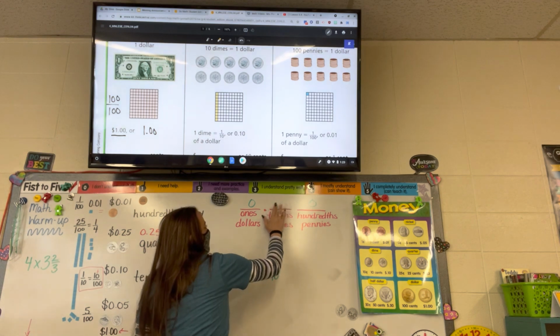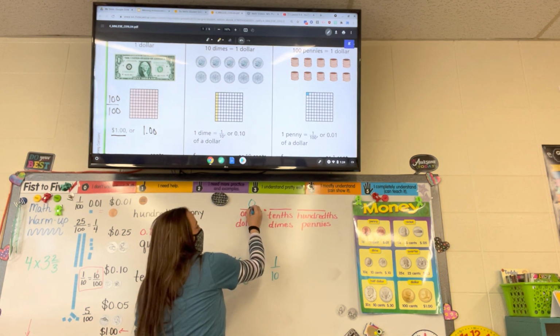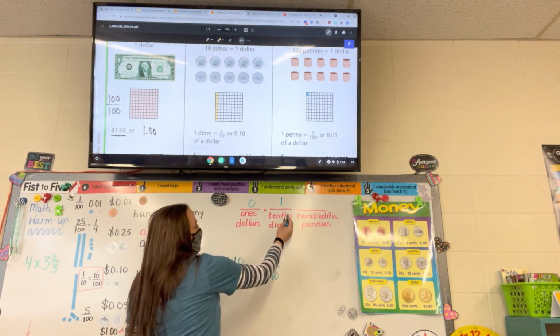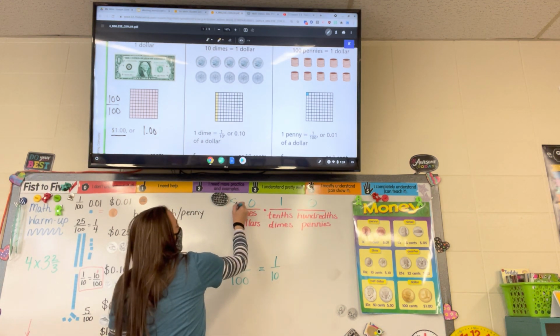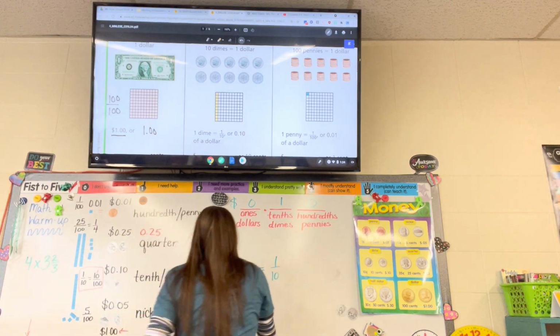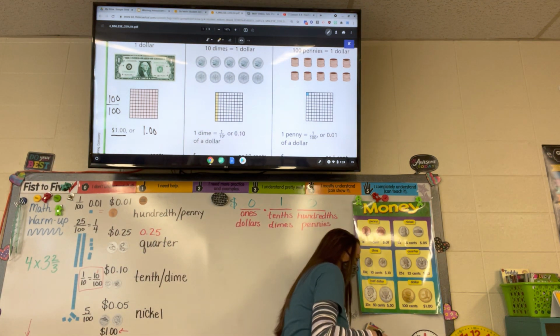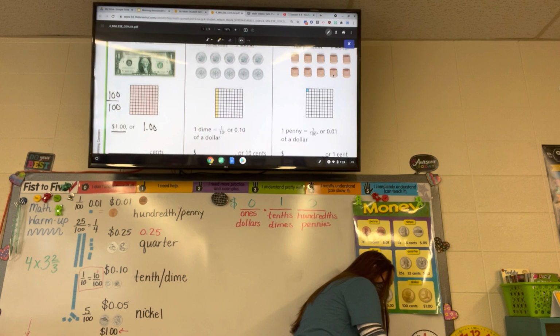To write that as a decimal, it would be 0 whole dollars, 1/10. We could leave it like that, or to turn it into a money amount, we would just say 10 hundredths. Those are all equivalent. So 1 dime equals 1/10 or 10 hundredths of a dollar.